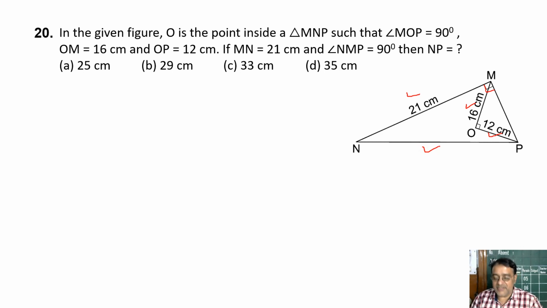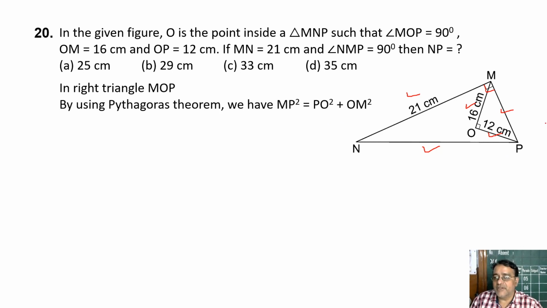So very good question. First of all, we will find PM by using Pythagoras theorem in triangle POM या MOP, right? So by Pythagoras theorem, we will get MP square is equals to PO square plus OM square. PO is 12 and OM is 16. So we'll substitute.